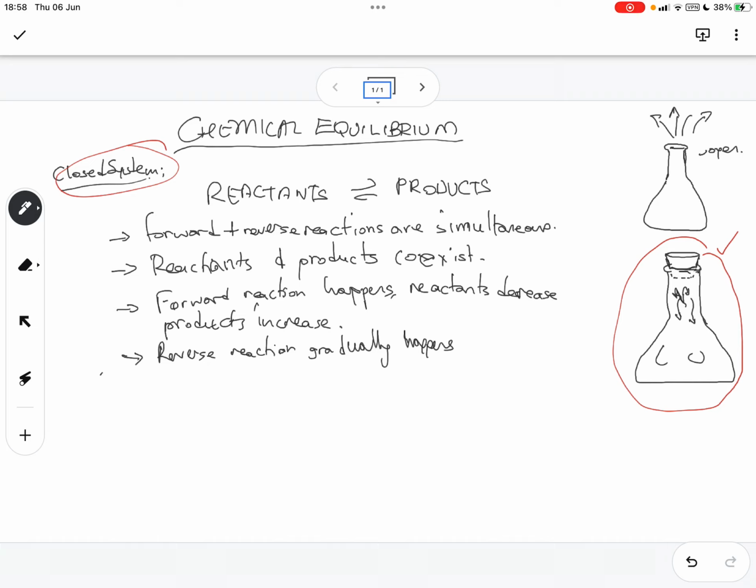Is Magdalene back in? Okay, I guess that's everyone. Is Jamboard showing now? Yeah. Chemical equilibrium, Fiona, yes, it's the one showing.